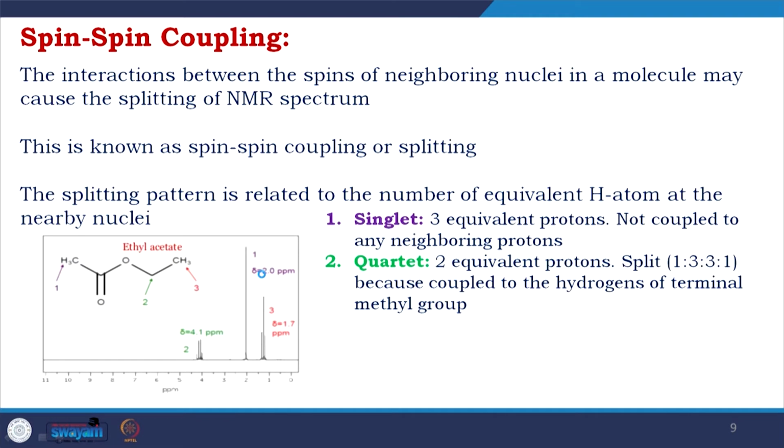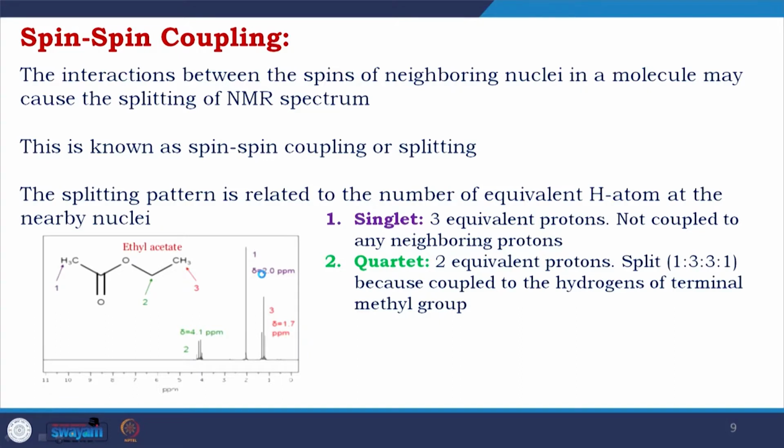Second one, this one will give 2 equivalent protons split 1:3:3:1. So, they have 3 neighbors, so they will give a quartet. 2 equivalent positions split 1:3:3:1 because coupled to the hydrogens of the terminal methyl group having 3 identical hydrogens.